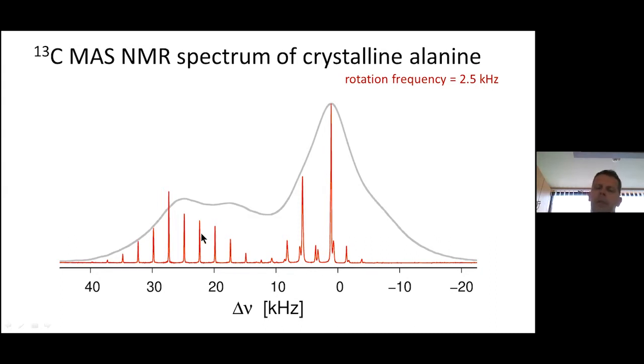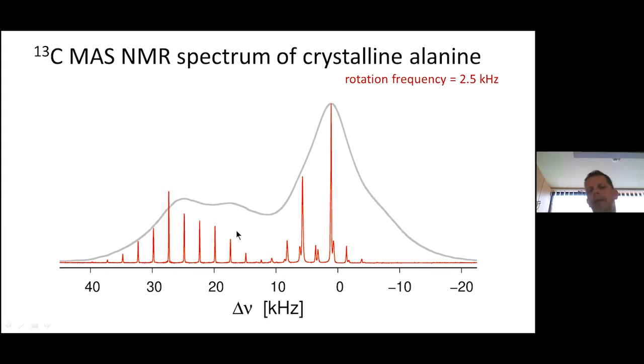Now this can sometimes be regarded as a complication of the spectrum, but in other cases, we can use the intensities or the pattern of these signals to deduce not only the isotropic position, the position of the one signal which we see with very fast spinning, but also information on chemical shielding anisotropy and asymmetry parameters, so delta and eta, which I showed before in the equations.